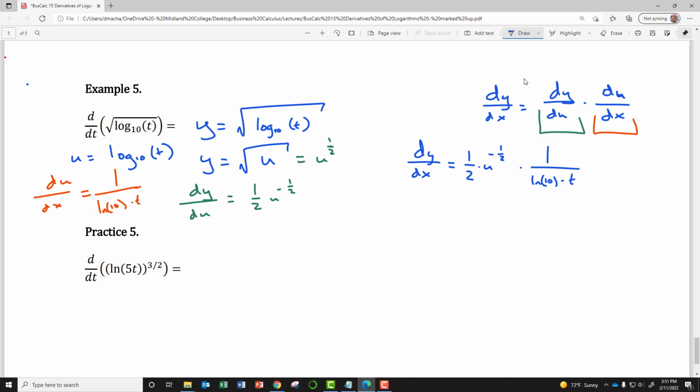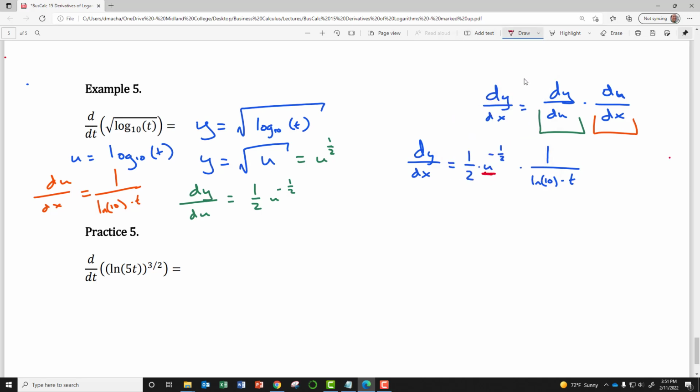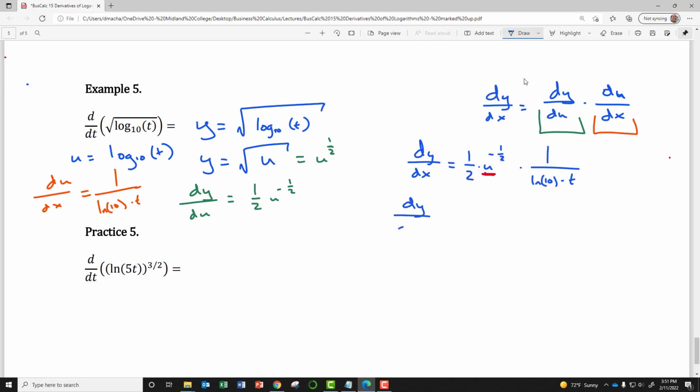I still need to get rid of my u because it's not good to leave the u in your final formula for the derivative. So we write dy dx is equal to 1 over 2 times log base 10 of t, all to the negative half power, times 1 over natural log 10 times t.